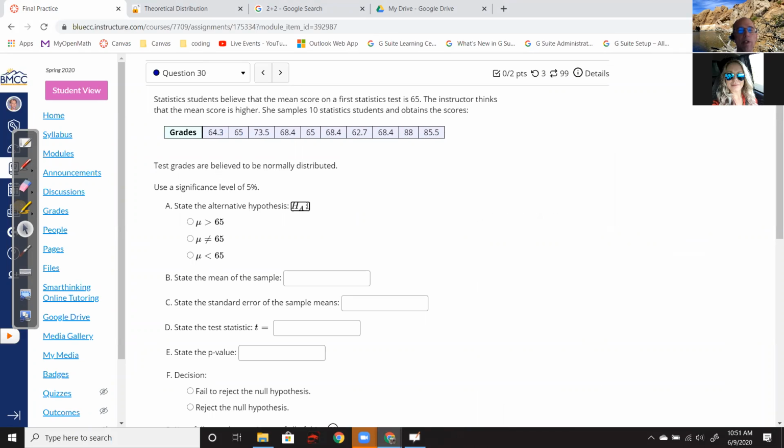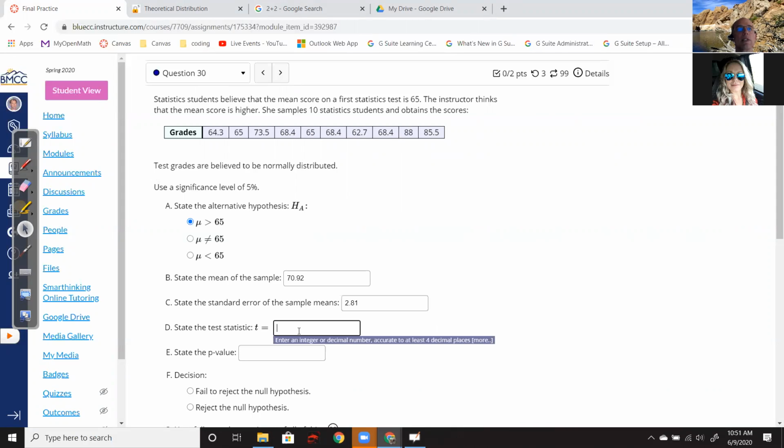The alternative hypothesis, again, is based on that greater than, because the instructor thinks the score should be higher than 65. So that would be, for me, this one. My sample mean was 70.92. My standard error was about 2.8-ish. This says use 2 decimal places. So where did mine go? 2.81 was mine. Yours will be a little bit different.